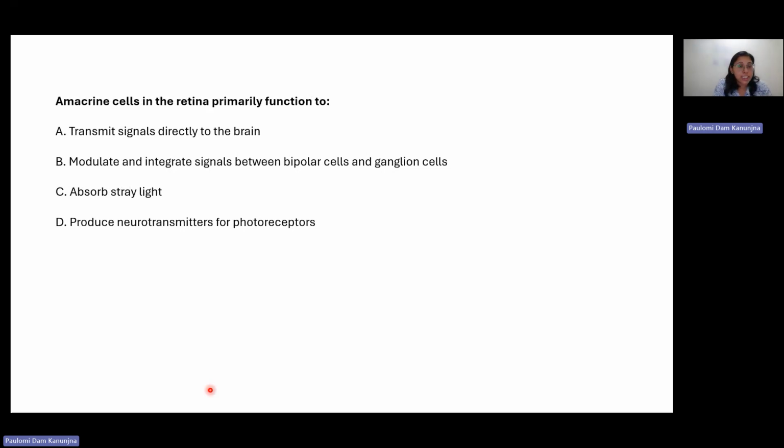Are they responsible for transmitting signals directly to the brain? Are they responsible for modulating and integrating signals between bipolar and ganglion cells? Are they responsible for absorbing stray light? Or are they responsible for producing neurotransmitter for photoreceptors? Read them properly and then answer.